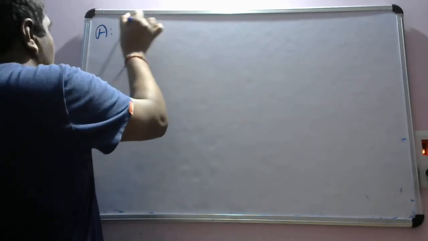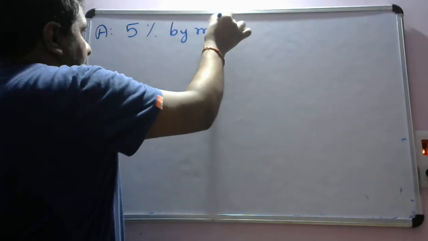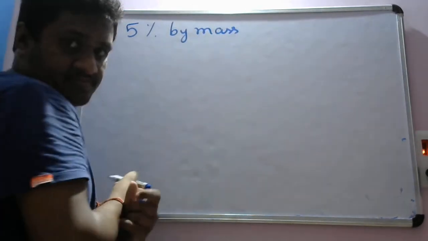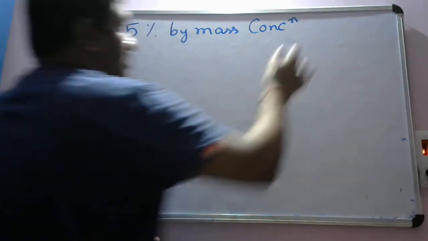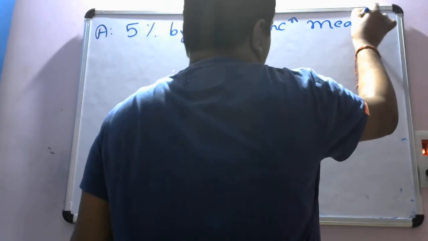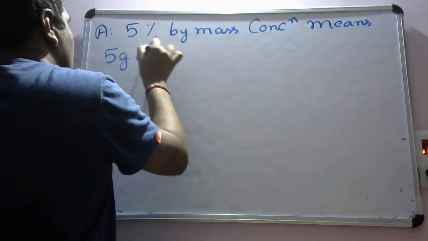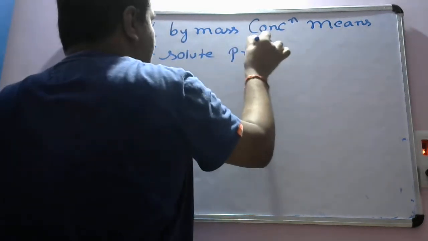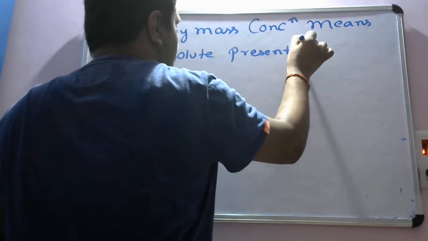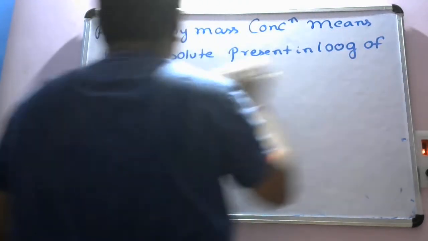So 5% by mass, this is the concentration, means what? 5% by mass concentration means 5 grams of solute present in 100 grams of solution.